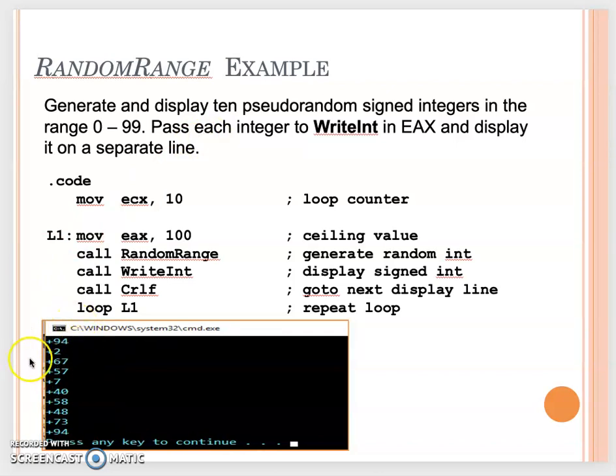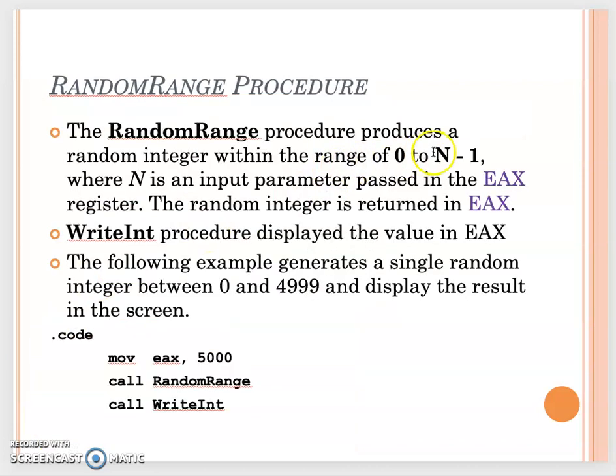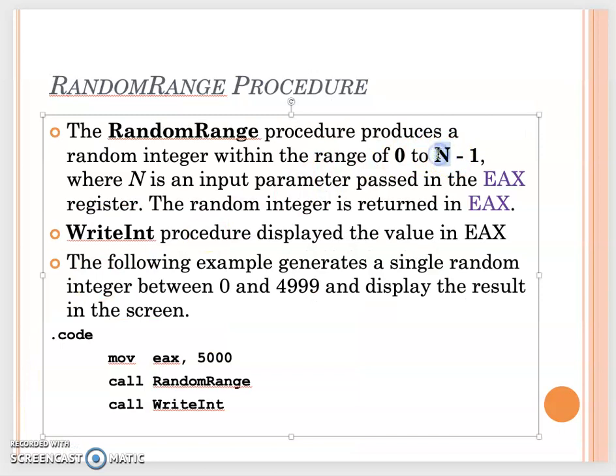Correction to what I said earlier. Here your RandomRange does treat n as a signed integer. So even if you just move 5,000 into EAX, it will be considered positive 5,000. Also, because earlier we said WriteInt and ReadInt process signed integers.